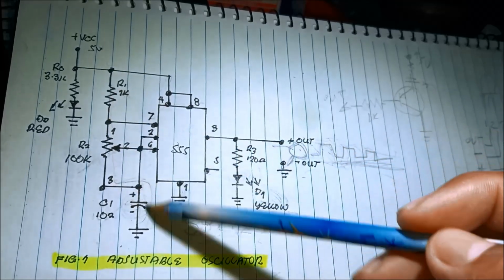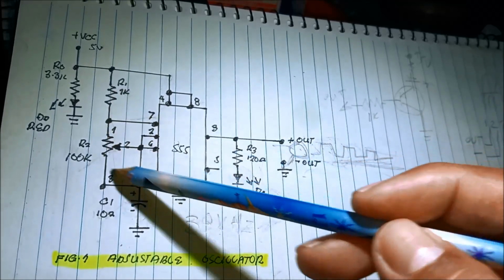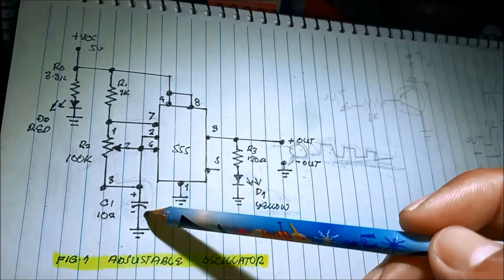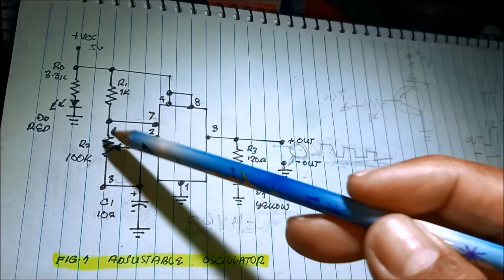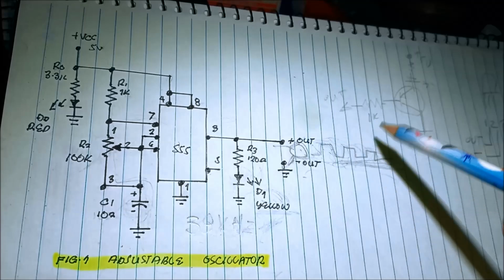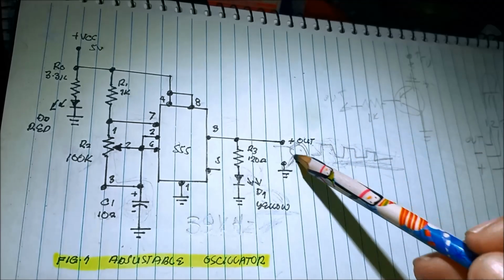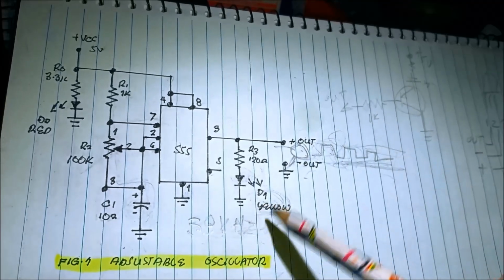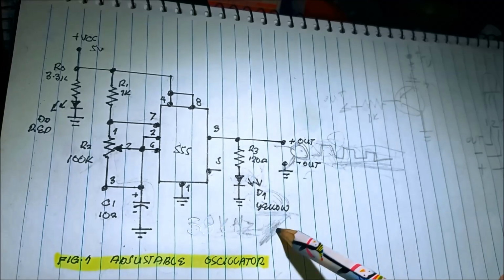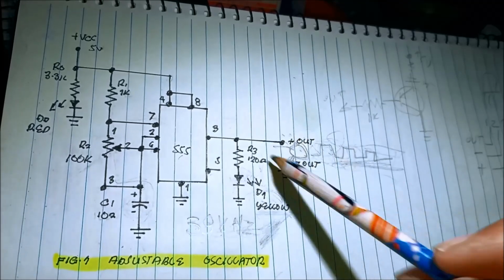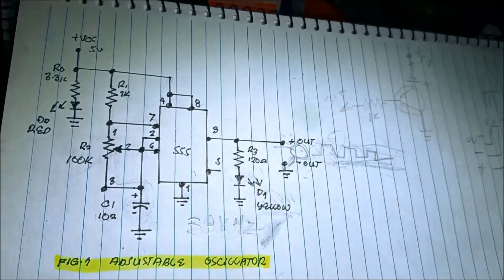By charging and discharging of the capacitor in the circuit. Charging and discharging the capacitor causes an oscillation of 38 kilohertz to the output, pin number 3 of the 555 timer.